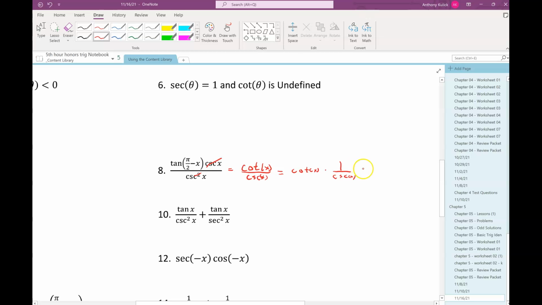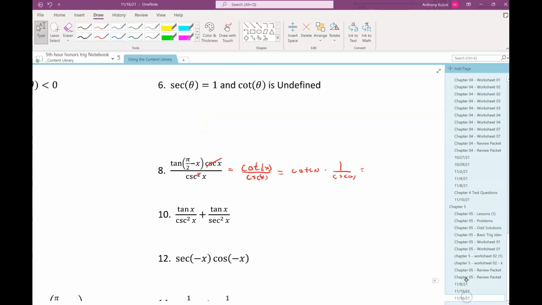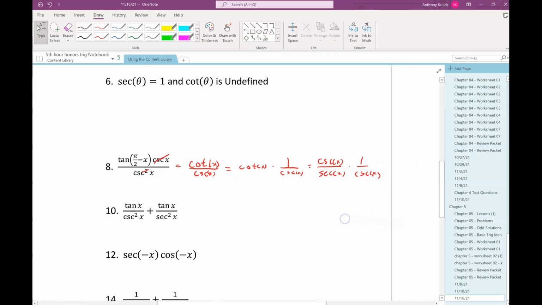Because I'm going to use one of my quotient identities to rewrite cotangent as cosecant x over secant x, so that I can cancel those out.